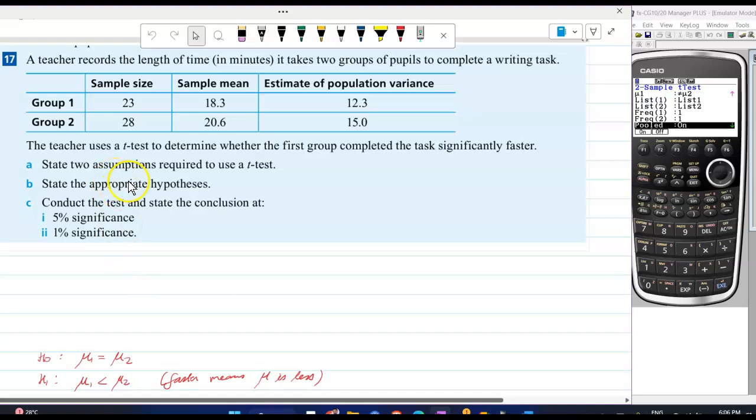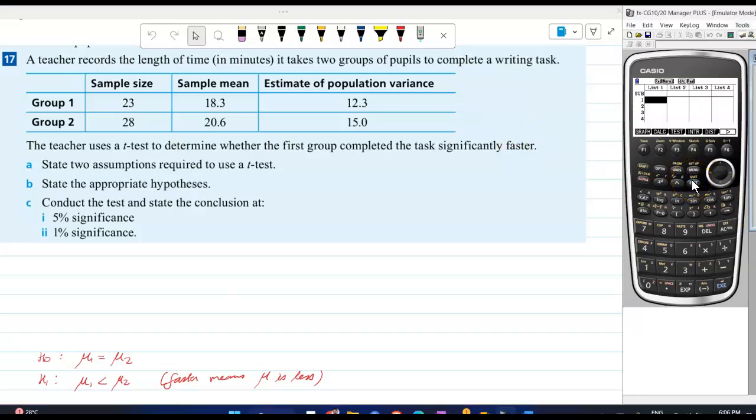Now you work it out. You put these values in, not in the list; now your variables will come in. Test, this is the fourth type: two-sample with variables, and here you put mu1 less than mu2.